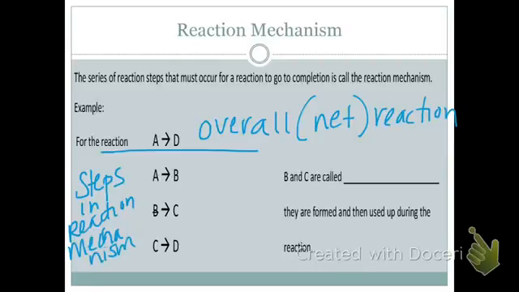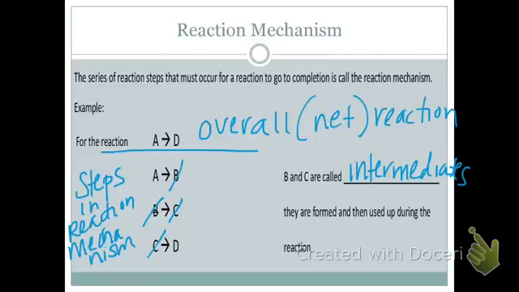So A would go to B, then B goes to C, and then C goes to D. So just like when we were doing redox and we canceled things out that ended up on the opposite sides, we would cross out B and we would cross out C. And those things are called intermediates. And what intermediates are, they are things that are created and then subsequently used up in a later step. Okay, so they do not appear in the overall equation. But without them, we couldn't get from A to D. Okay, they have to be created, but then they're used up.